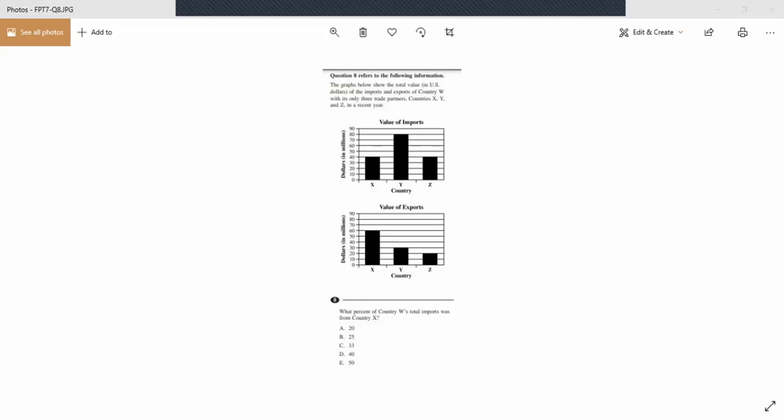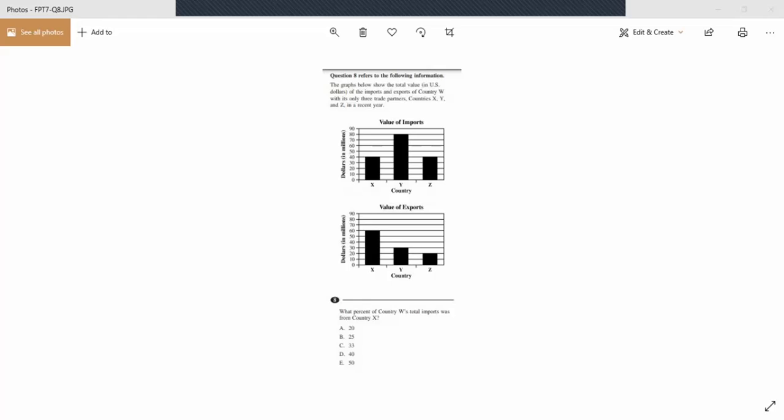For imports, country X's value would be 40 million US dollars. For country Y, 80 million US dollars. And for country Z, 40 million US dollars. Remember, imports are the amount of goods coming in to the country. So these are things coming into country W.